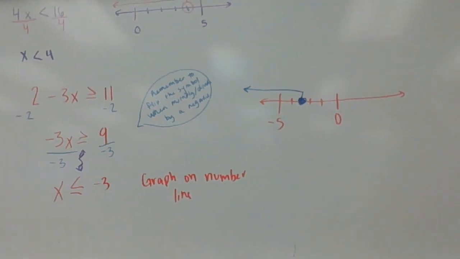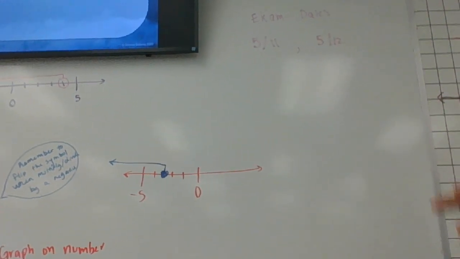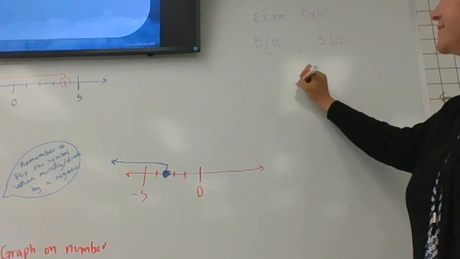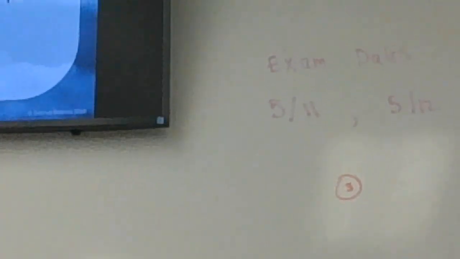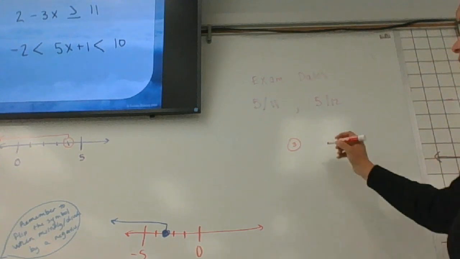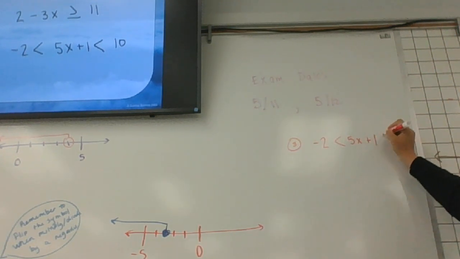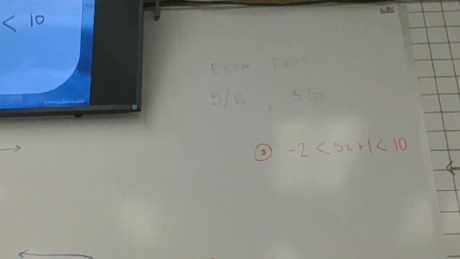Last bell work question. This one is a compound inequality. It has two symbols in one problem. Alright, so for a compound inequality, you have to do the operation twice.